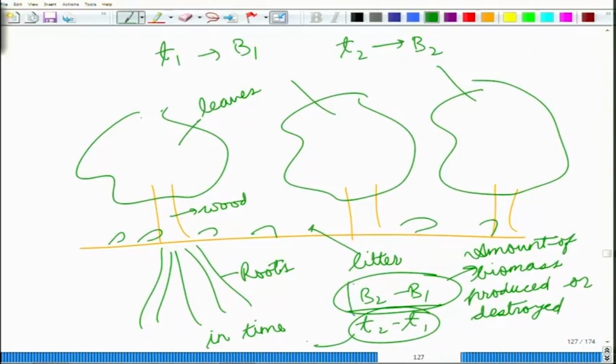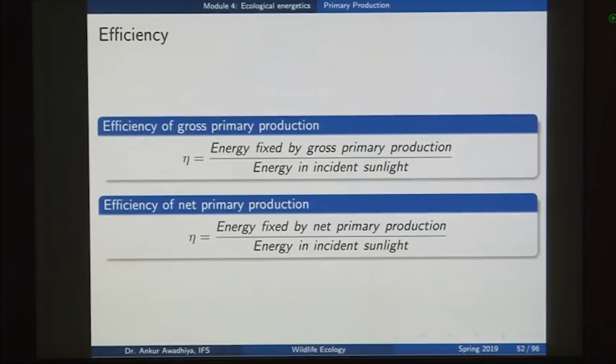This is divided by the time period of measurement. So, from this as well we can make an estimate of the net primary productivity of this particular forest.